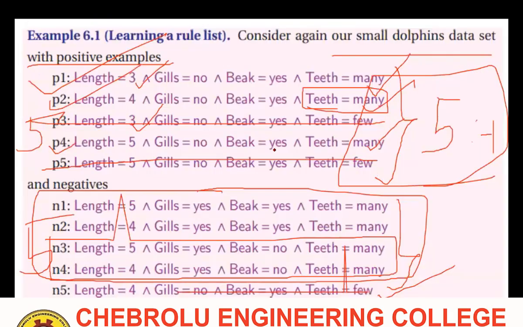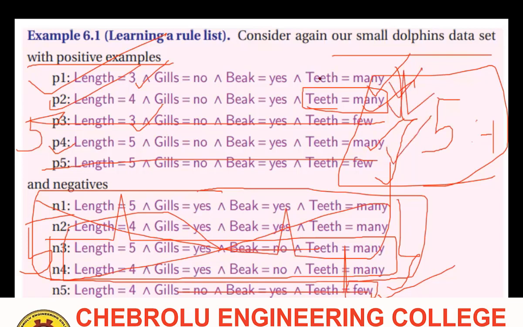These are all covered. Now we are left with 1, 2, 3, and this is few. No negatives are being covered, so we have taken these 3. Out of 6, 3 things are being covered.